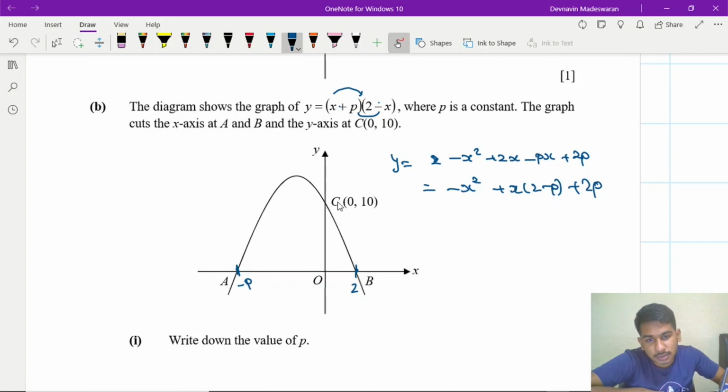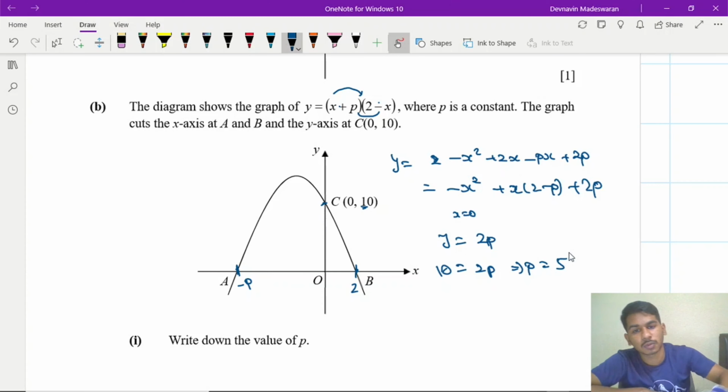Now look at this. What is this? This is when x is equal to 0. When x is 0, y is 10. So we put x equal to 0. Then y is equal to 2p. So 10 is equal to 2p. So p is actually 5.